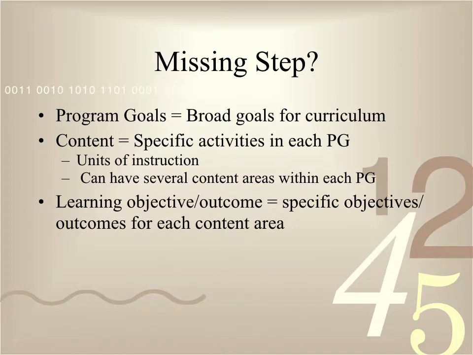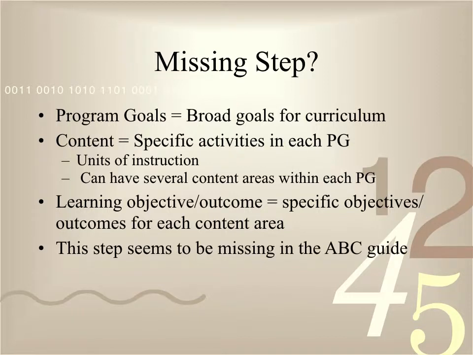And then you have learning objectives or outcomes. Now I'm going to use objectives probably more than outcome, but these are the specific learning objectives or outcomes for each content area. These are the things that we typically write so we know what specific things the student should be able to know by the end of a lesson.